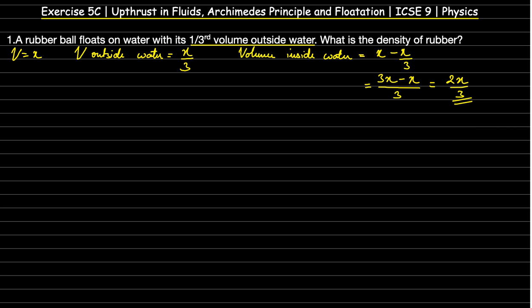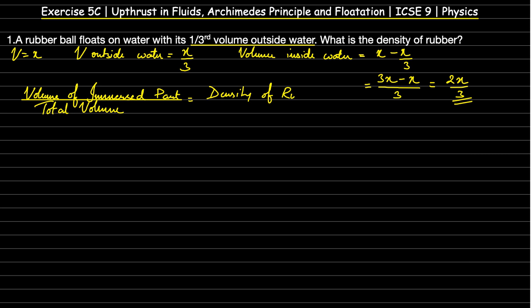Now we would be using the formula which we have in the chapter, that is, volume of immersed part divided by total volume will be equal to density of the body, so in our case density of rubber, divided by density of liquid.